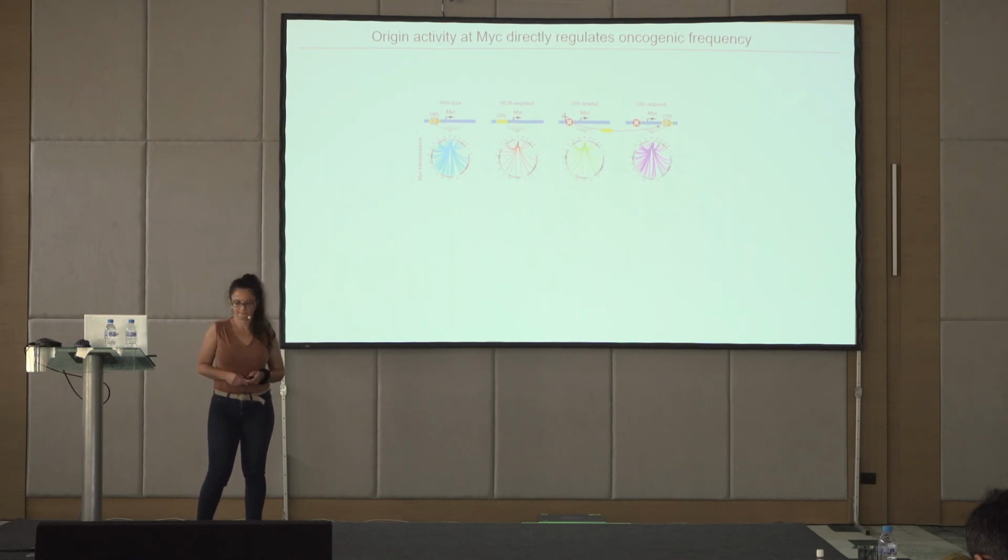Yeah. I was wondering whether you considered another possibility, which is related to the fact that when you deplete MCMs to that extent, you actually lose the dormant origins. It was shown by Julian Blow and by Juan Mendez that under these conditions, if you have replication stress, for instance, the cells are unable to activate these backup origins.